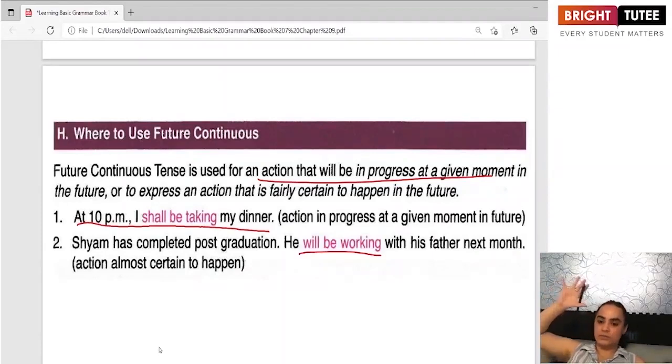Next month, this will be in progress. We know when this is going to be in progress, so will be working. Okay? So we use the future continuous tense to talk about those actions that will take place in the future and will continue for a long period of time.